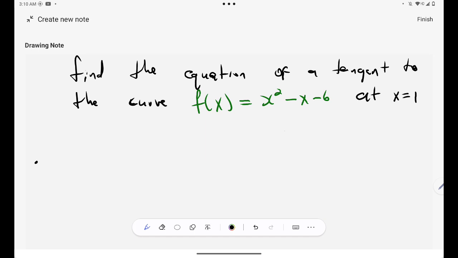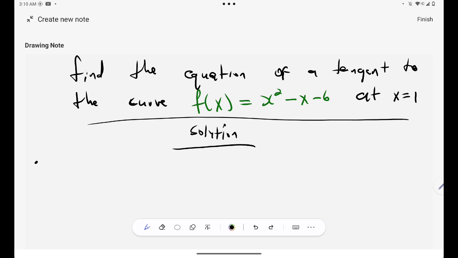Are you together? So since I know that f of x is equal to x squared minus x minus 6, it simply means that for f of 1, I'll just put 1 there.